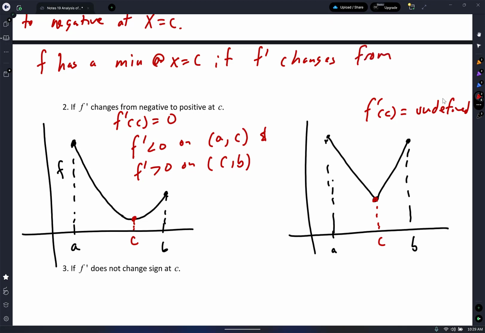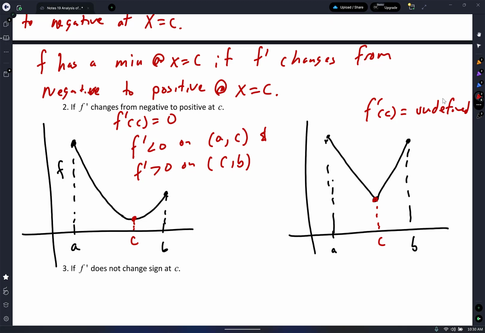Changes from negative to positive, where? At X equals C. I know it sounds funny saying it again, but say it again. F has a min at X equals C if F prime changes from negative to positive at X equals C.